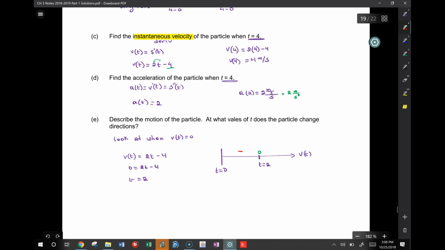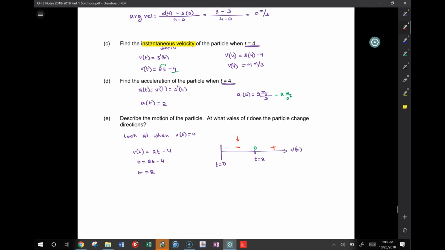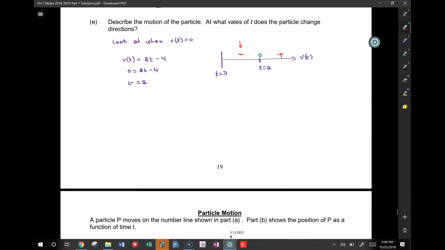After t equals 2, is it positive or negative? Positive. So look, here you have negative velocity. What does that mean? It's going in the negative direction or positive direction? So what we say is moving in negative direction from 0 to 2, moving in positive direction from 2 to infinity.